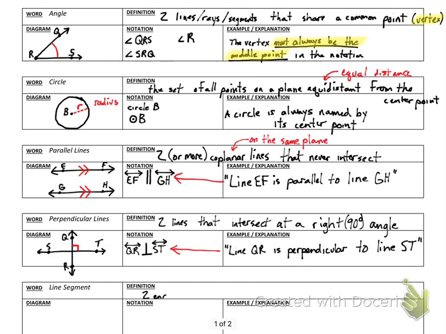Two endpoints and the set of all points on a line between the two endpoints.